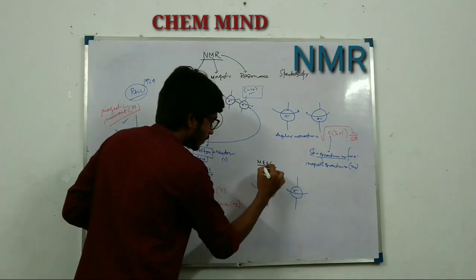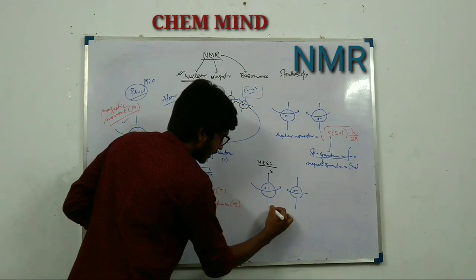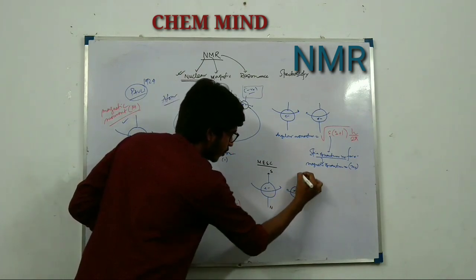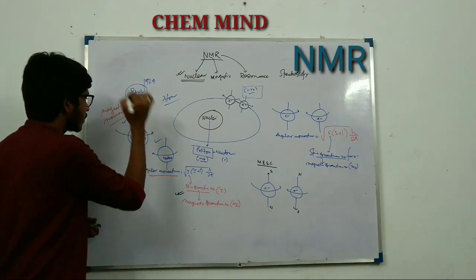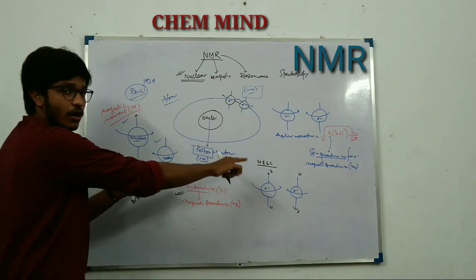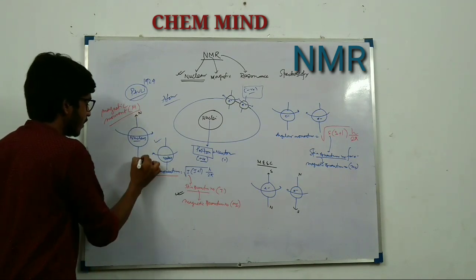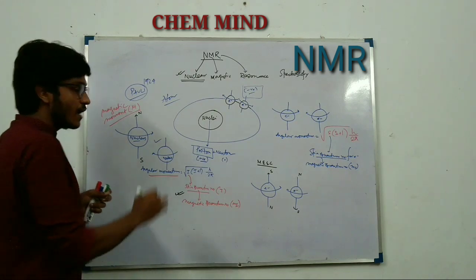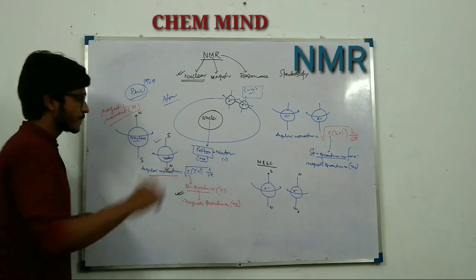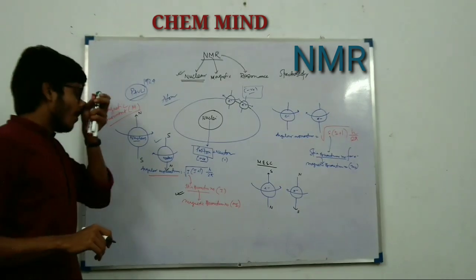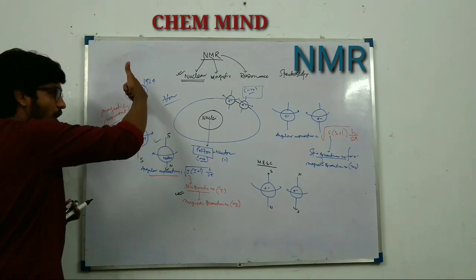For the electron, we get here the south pole and here the north pole, and here the south pole and here the north pole. For the nucleus, the reversal happens: we get the north pole here, the south pole here, the south pole here, and the north pole here. Clear? Now if this is the direction, then this thumb is in the upward direction.